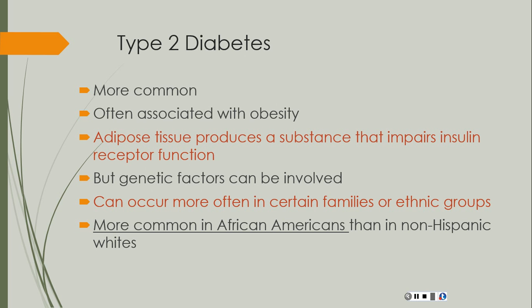Some genetic factors can be involved. So we're thinking there is this onset with obesity, but there can also be involved genetic factors. So, for example, it can happen more often in certain families or certain ethnic groups. Diabetes type 2 is actually more common in African Americans than it is in non-Hispanic whites.